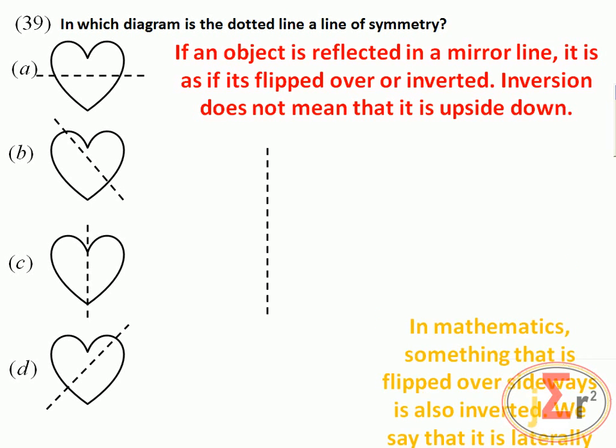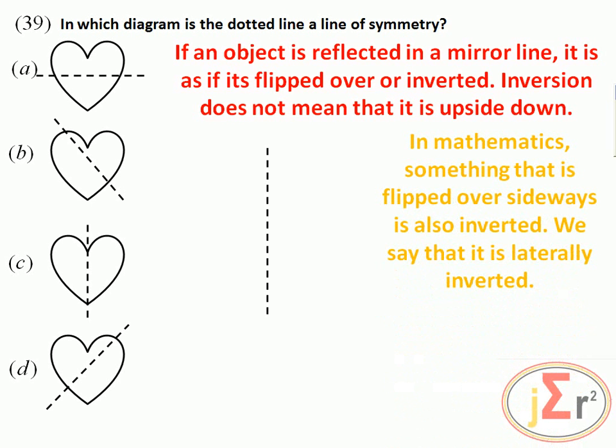So, let us take a look at that. In mathematics, something that is flipped over sideways is also inverted. We say that it is laterally inverted. So if we have a page of a book and we turn the page, that is what we call lateral inversion.